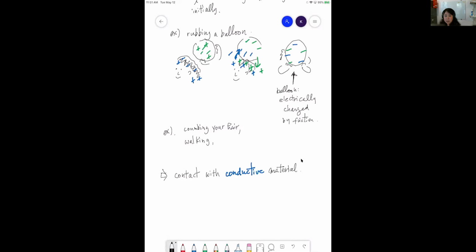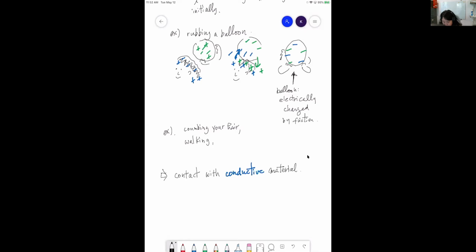If it's a completely insulating material, like my hair after being combed or rubbed by a balloon, each of my hairs is positively charged. Positive and positive repel, so you see my hair stick up with the electrostatic force. But it keeps sticking up in the dryer because the electrons are not moving. It just stays there. But if I touch a conductive material, then electrons can flow in the conductive material.